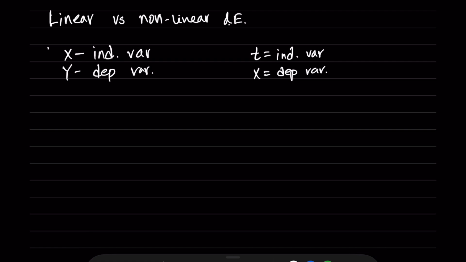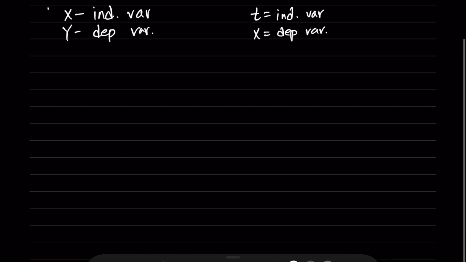So it could be anything. It's not that we only dedicate x and y letters to dependent or independent, but convention wise, this is what we call them. Anyway, let's move on. So the derivative of y, a dependent variable, can be written as dy by dx.